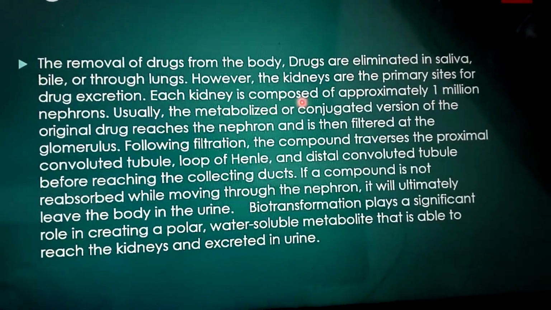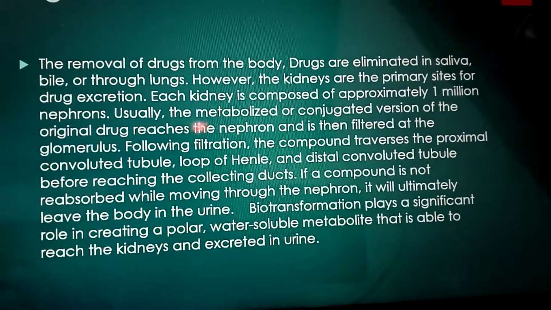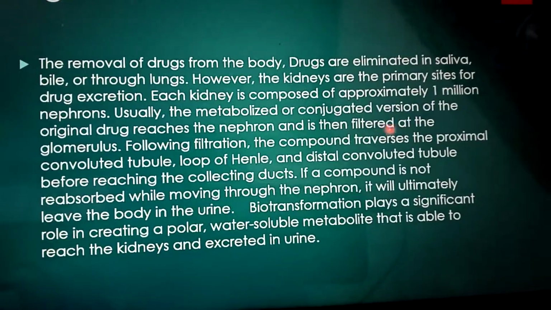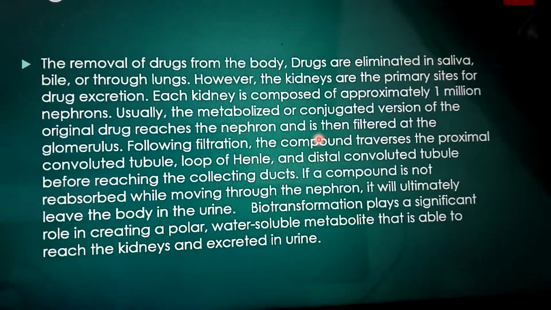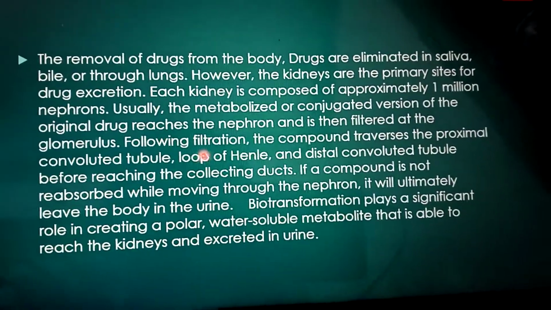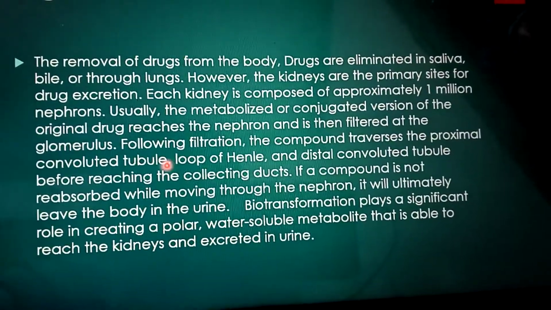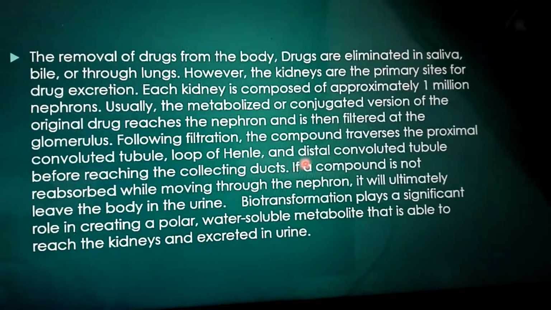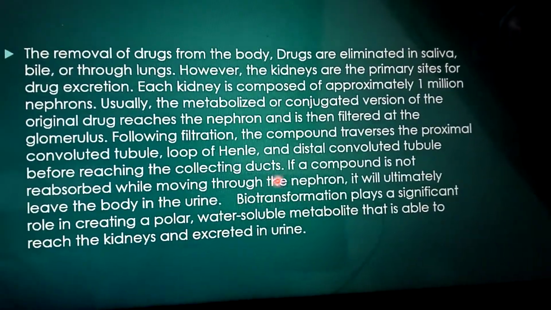Each kidney is composed of approximately 1 million nephrons. Usually the metabolized or conjugated version of the original drug reaches the nephron and is then filtered at the glomerulus. Following filtration, the compound traverses the proximal convoluted tubule, loop of Henle, and distal convoluted tubule before reaching the collecting ducts.